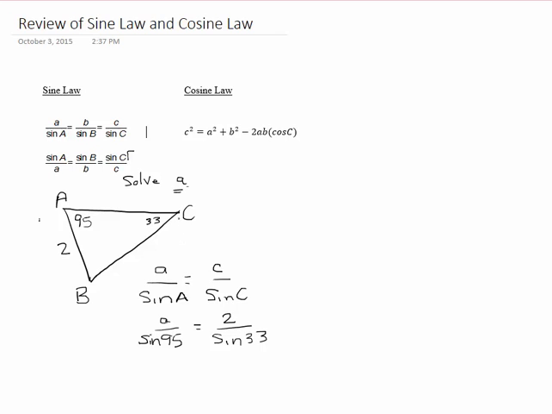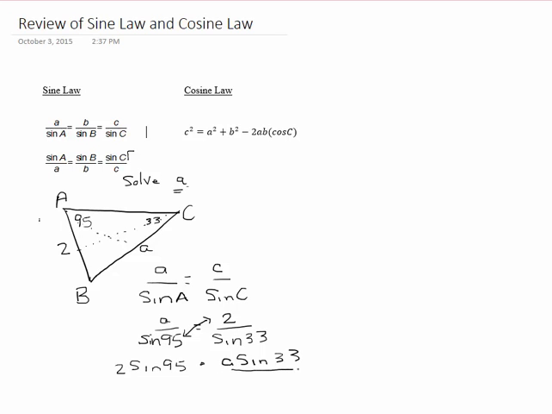Just another little reminder from last year, how I know that 2 is side C is they're always corresponding, opposite each other. The side that I'm looking for here is side A, always directly opposite of the angle you know. Then we're going to cross multiply. So I have 2 times sine 95 is equal to small a over sine 33.